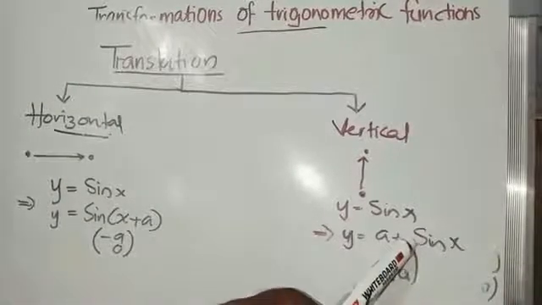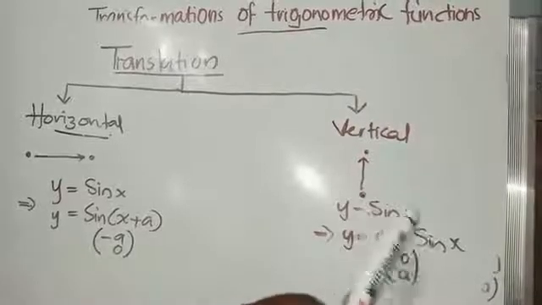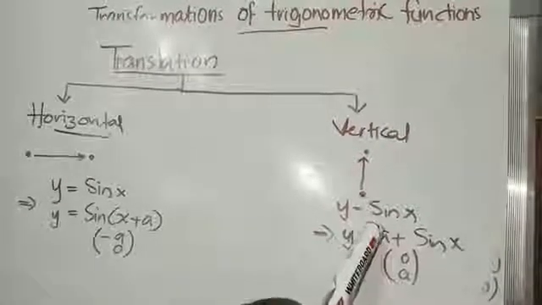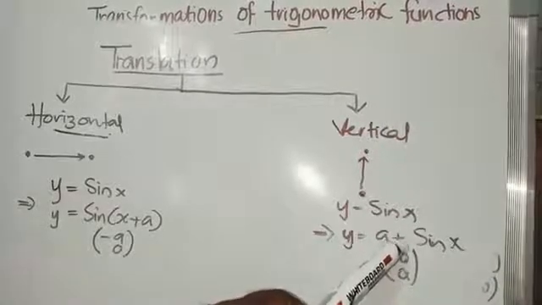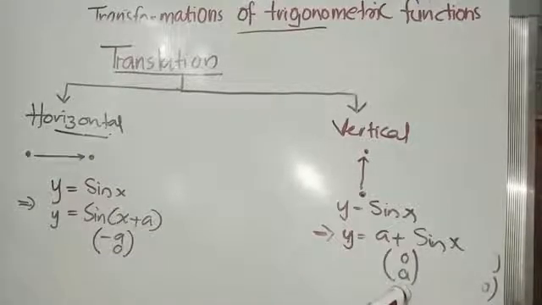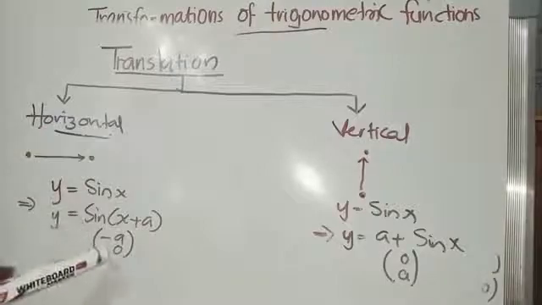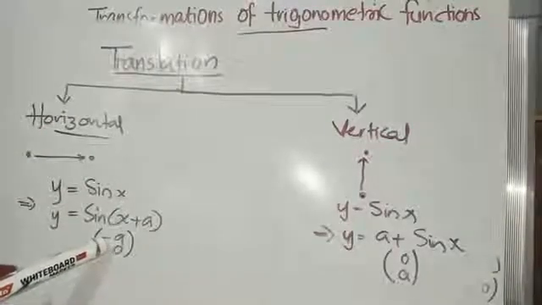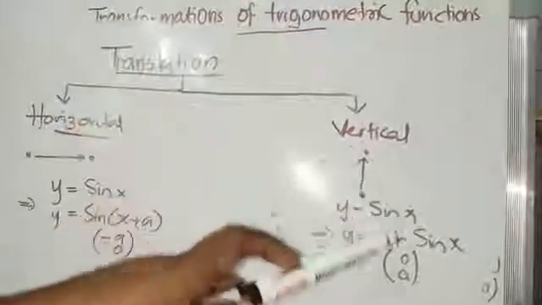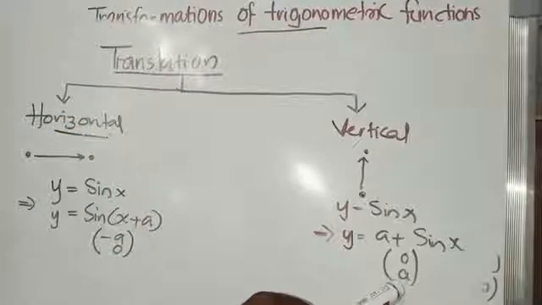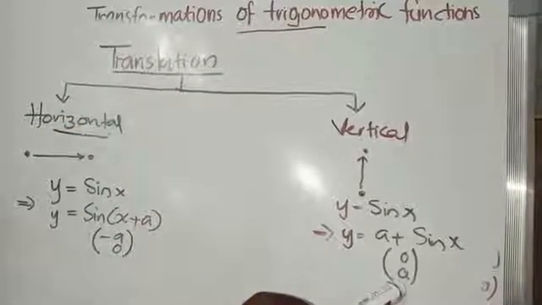Make sure this a you are adding, it is pre-addition. With a translation vector (0, a). So here also you can find where the change happens. In horizontal, the change happens for the x coordinate, that's for the angle. And in vertical the change happens for the y coordinate, that means the value.